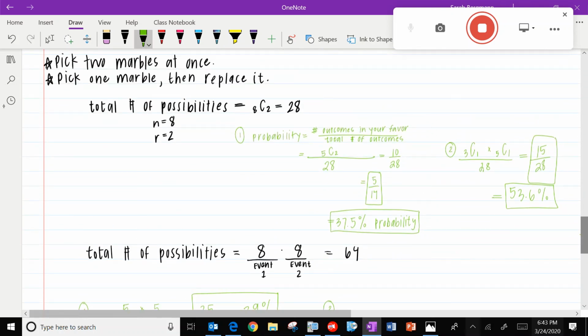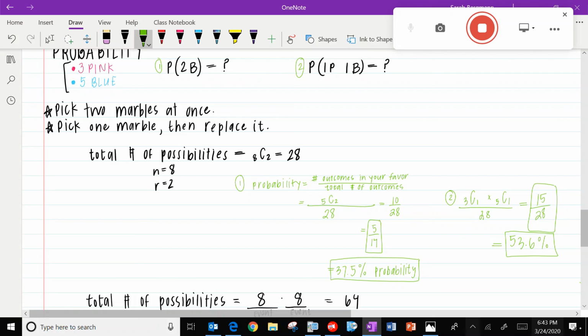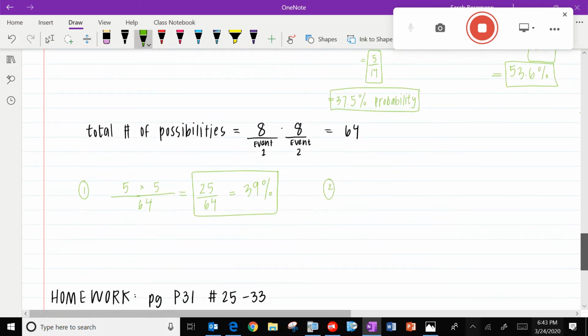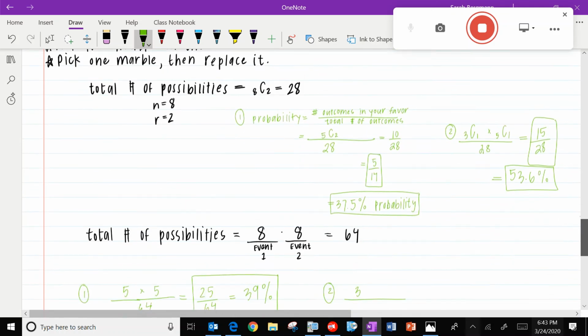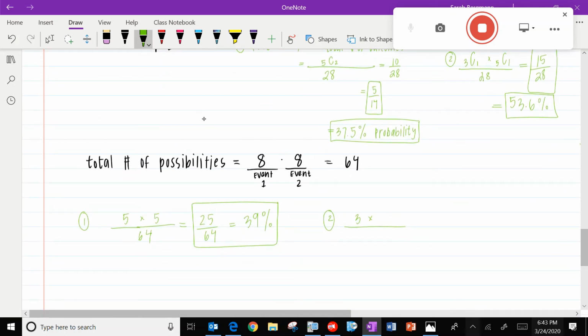Okay, the second question was asking what's the probability of choosing one pink, then one blue. So for this one, there are 3 pinks to choose from for the first marble, and 5 blues to choose from for the second marble for event 2. So that's what would be in your favor. The total number of possibilities is still 64.